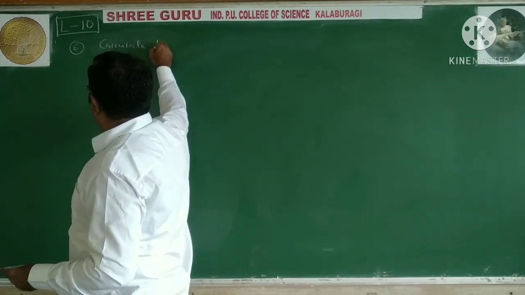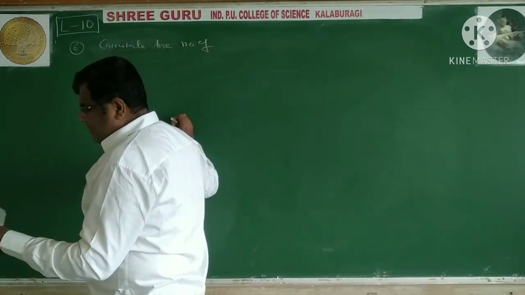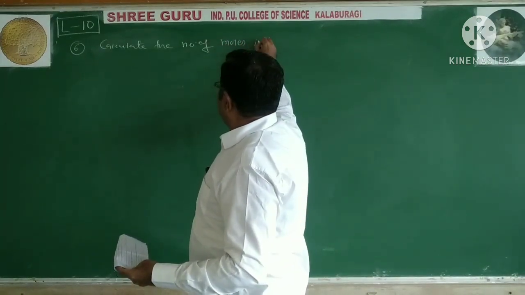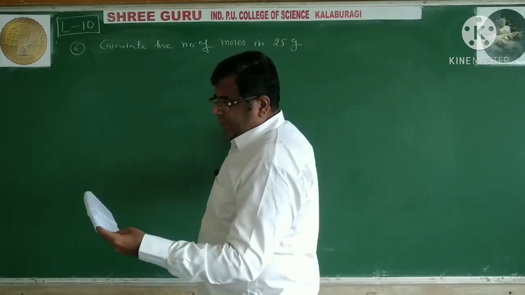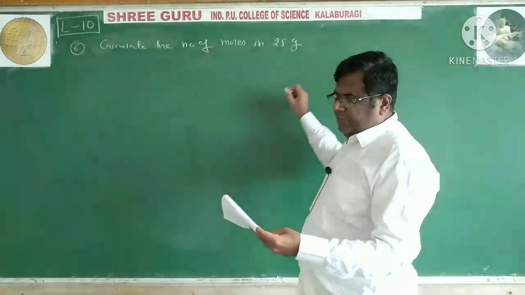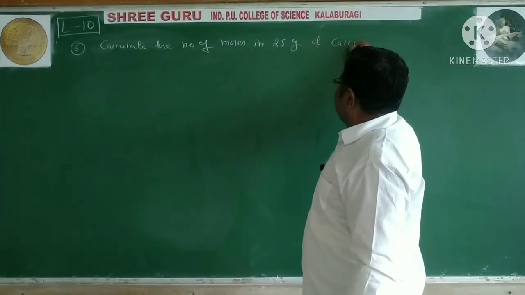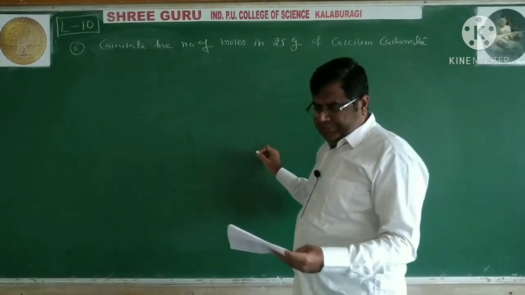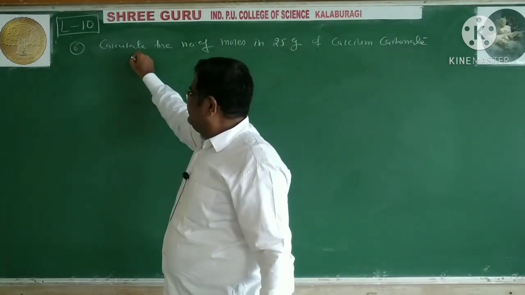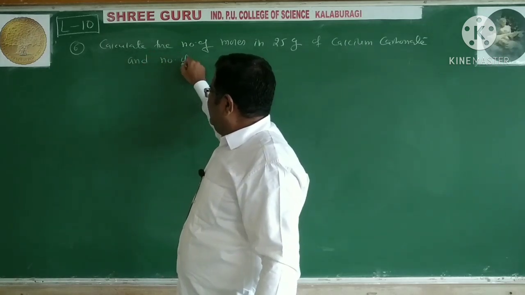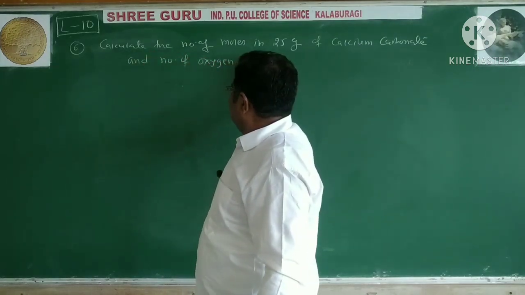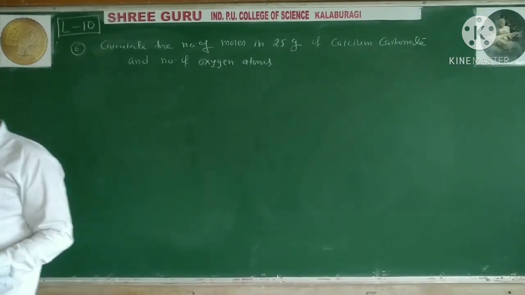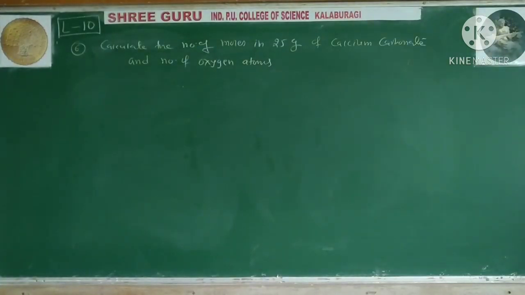Calculate the number of moles in 25 gram of calcium carbonate CaCO3 and number of oxygen atoms. We have to calculate number of oxygen atoms also in that.